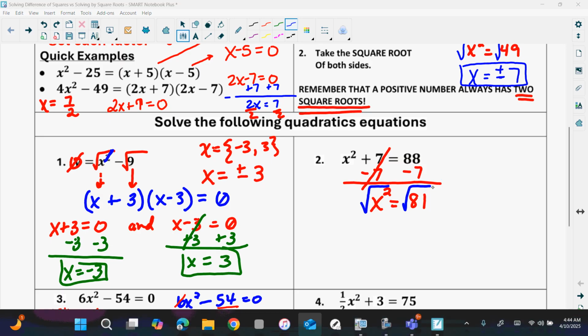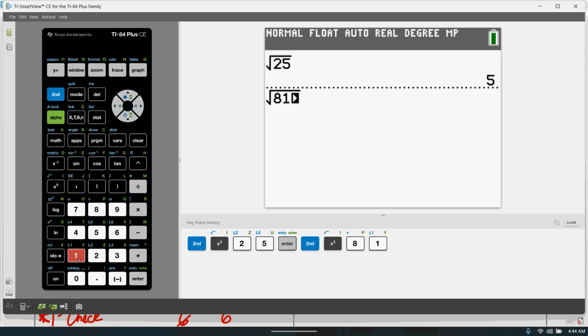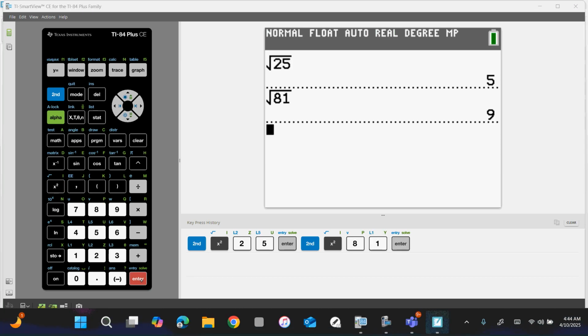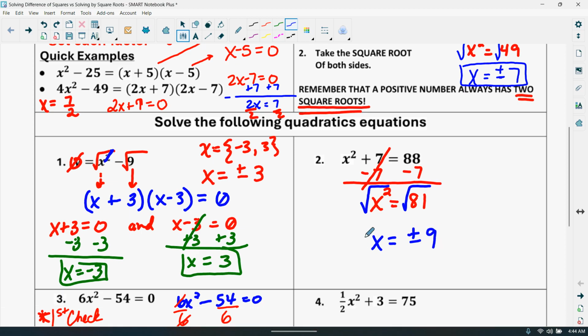If you're not too sure, you just put it in the calculator, hit second and then the x squared button, that gives you the radical symbol, put the number underneath it and hit enter. So that is 9. So what we're going to do here is write x equals plus or minus 9, which means you have two solutions.